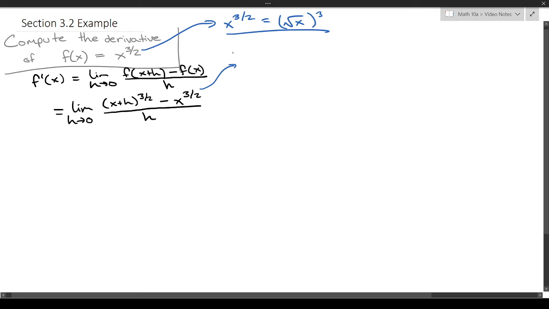So, as a rule of thumb, when you have square root expressions, there's a technique you can usually use, which is multiplying by the conjugate.